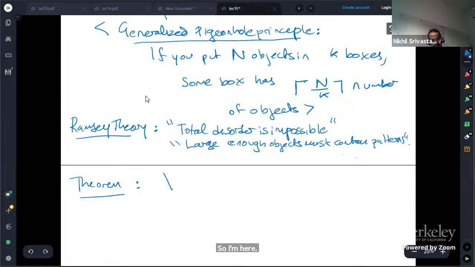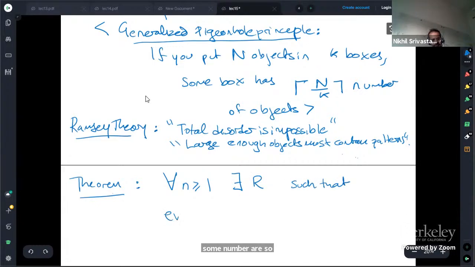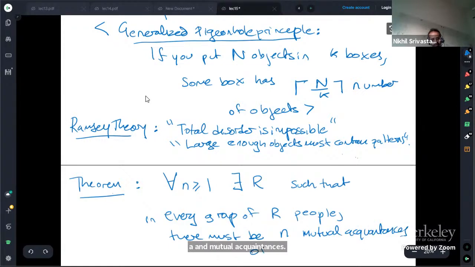The theorem is for every n bigger than 1, there exists some number r such that in every group of r people, there must be n mutual acquaintances or n mutual strangers.